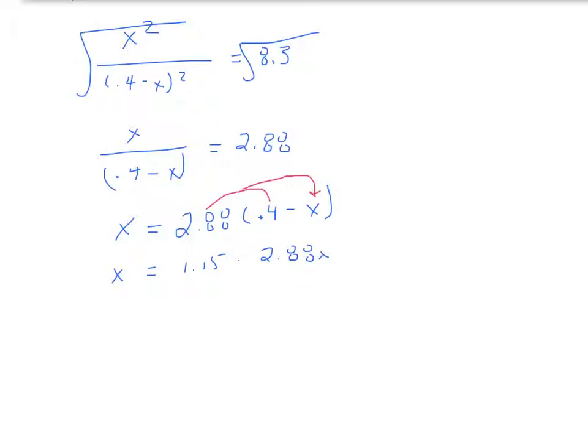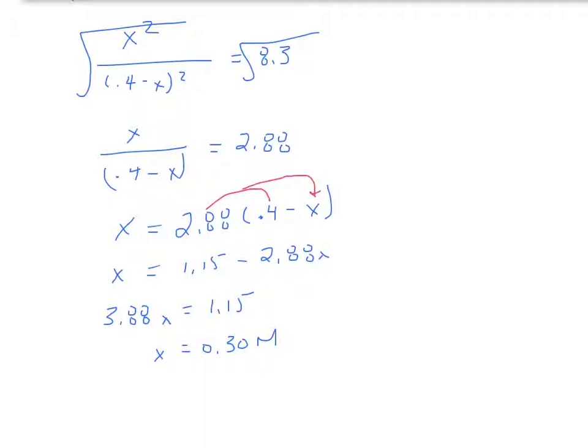I'm going to move all of my x's to the left side of the arrow. I will have to add 2.88x to both sides. Then I solve for x by dividing both sides by 3.88. That makes x a 0.30 mole per liter concentration.